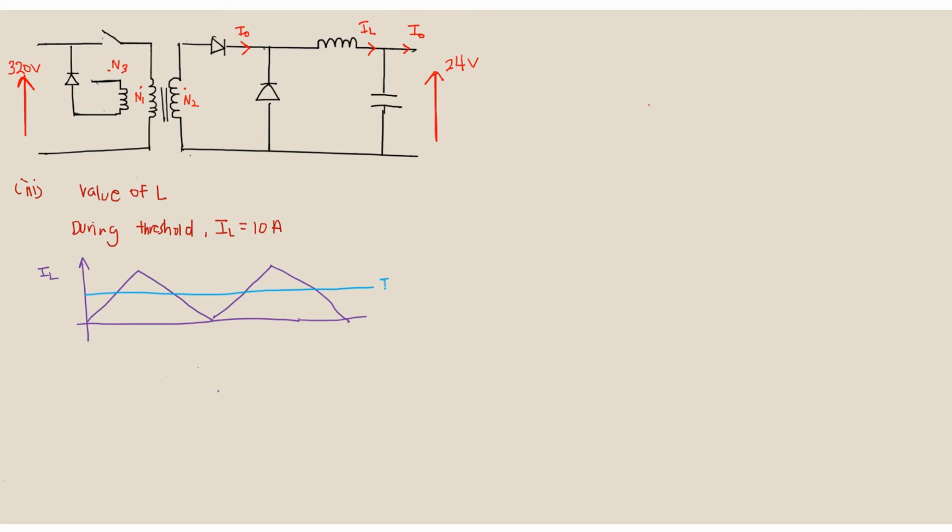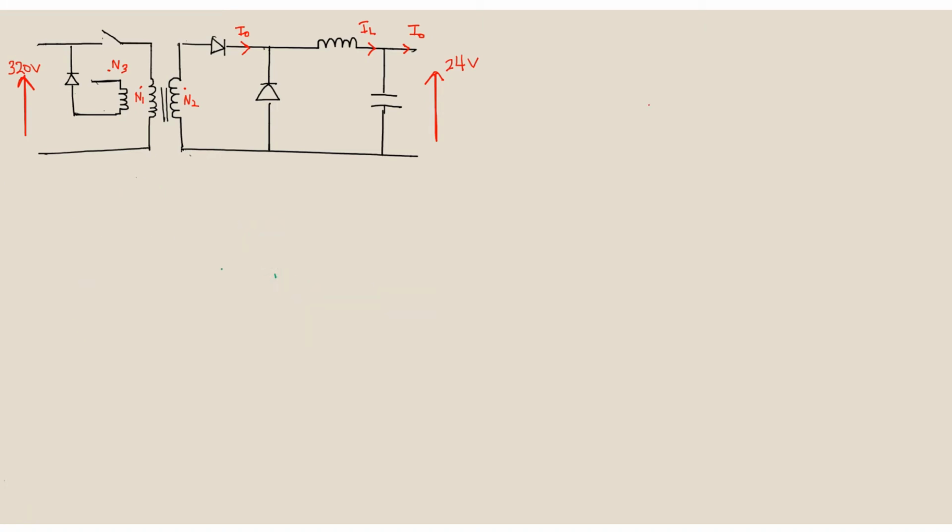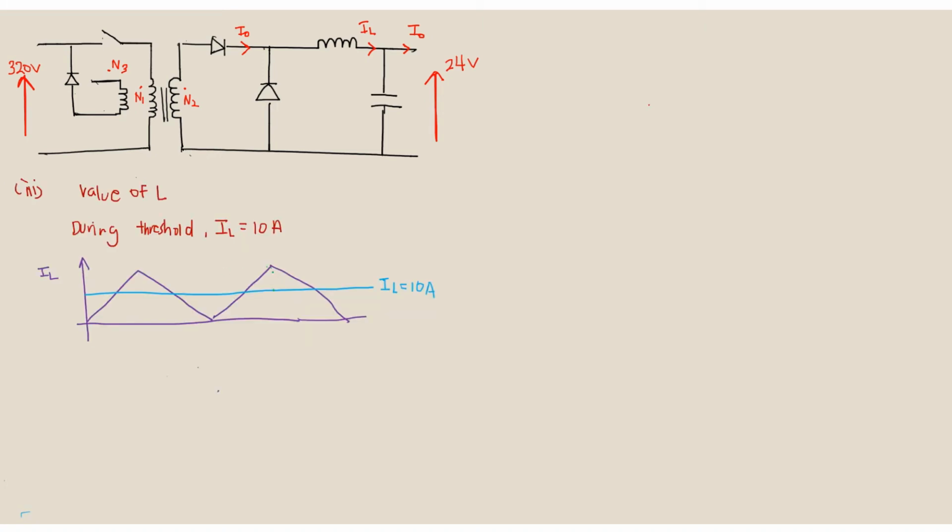Then you have the average IL at 10 ampere. If this is the average, it means from this line to this line you get 10, and this line to this line is another 10.